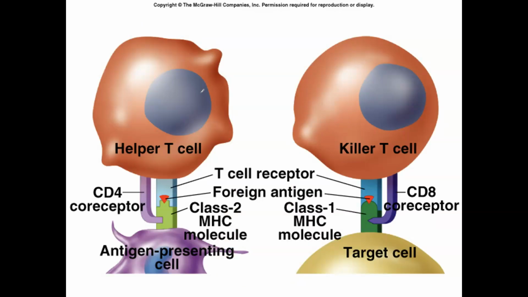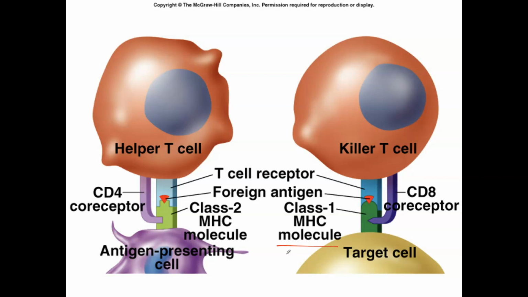So if we were to look at different cells within the body, we'll notice that there are different classifications for the major histocompatibility complexes. MHC class 1s are located on all nucleated human cells.